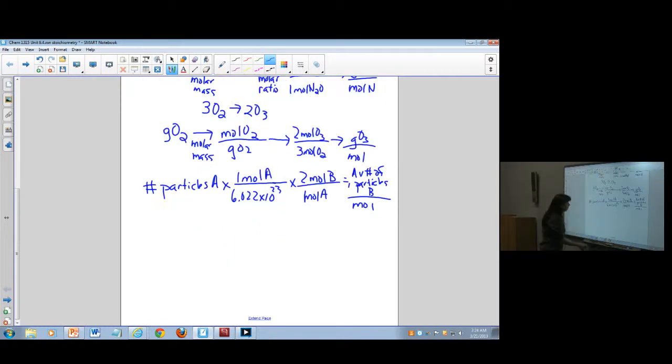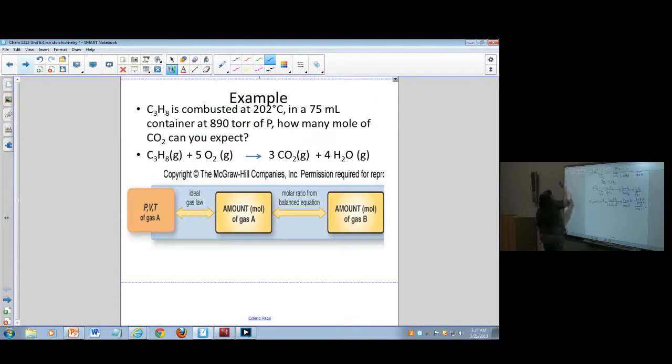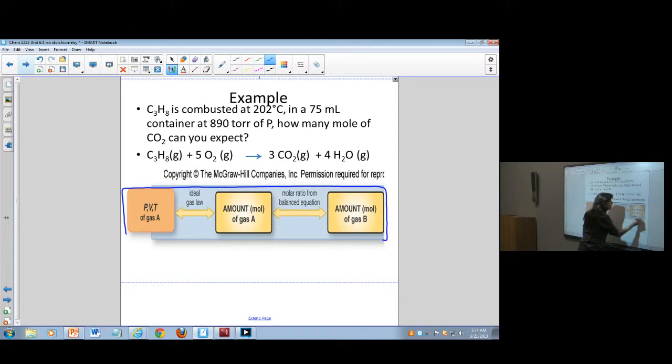I want to change the page. This is going to be our scheme in this particular problem. I've broken it down into a little bit smaller amount here. In this problem, we're going to know information about the pressure, volume, and temperature, so we can find n. That's what we want to find out of our pressure, volume, and temperature information.